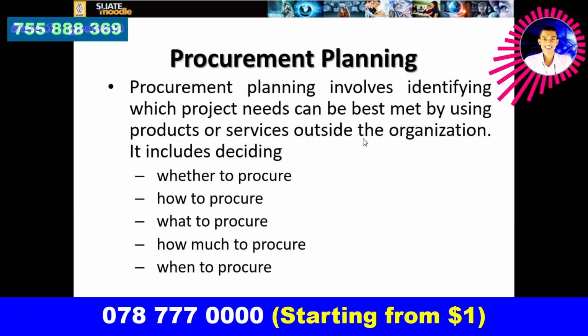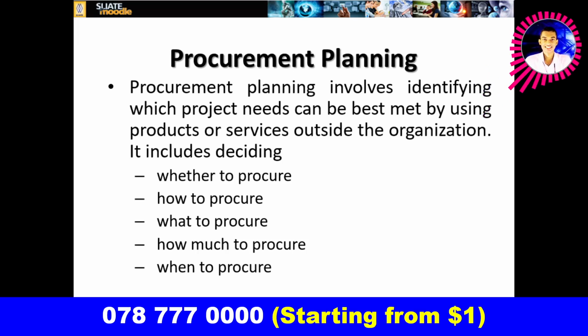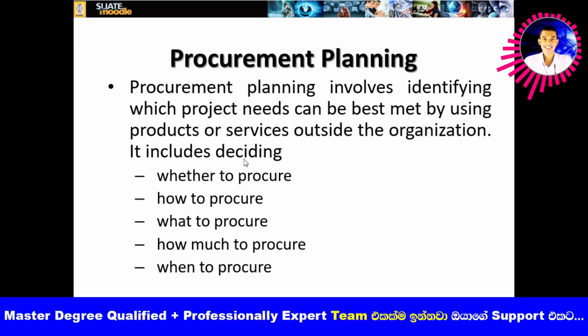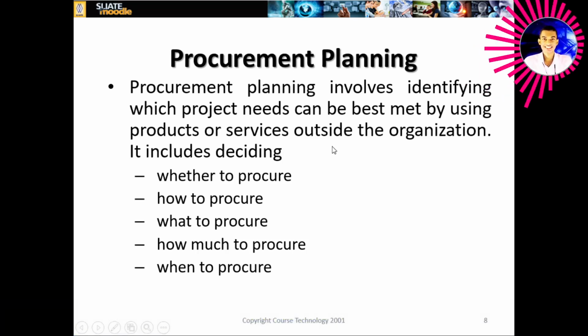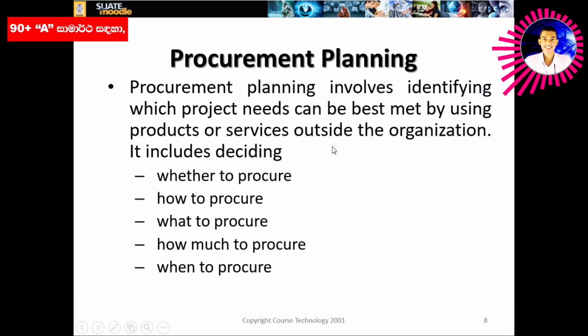Procurement planning. Let's see what procurement planning is. Let's read this. Procurement planning involves identifying which project needs can be best met by using products or services outside the organization.